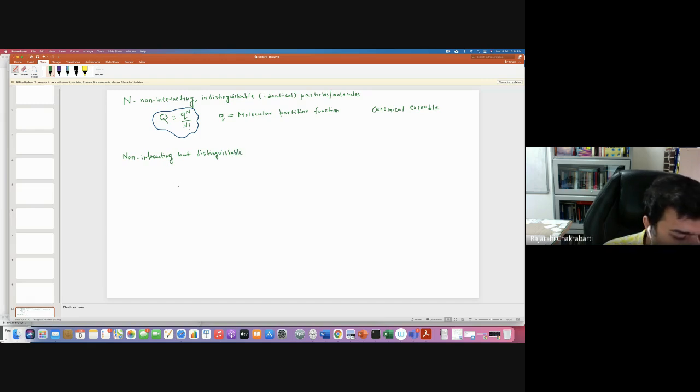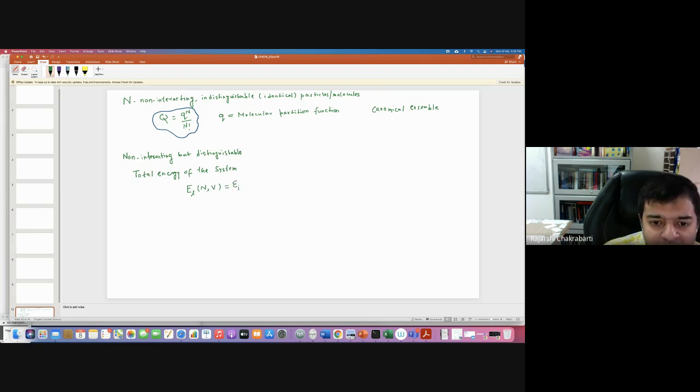If this is the case, then I have N such particles and they are arranged in different energy states. So the total energy of the system, I can write as follows. Total energy of the system, I can write it as E_L, where L is the particular state the system is in, N is the number of particles, and V is the total volume of the system.